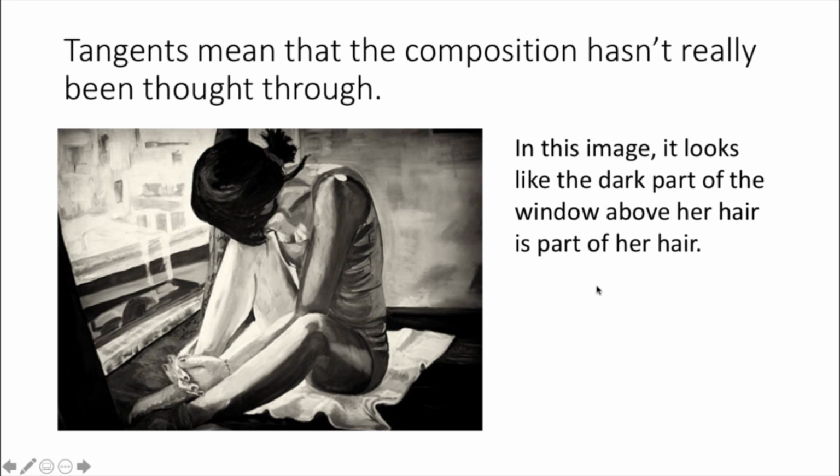Tangents mean that the composition hasn't really been thought through. So the person who created the image might have all kinds of skills, but he definitely didn't look as well at the composition. Or maybe just the colors or the shades that interact with each other. For example, in this image, it looks like the dark part of the window above her hair is part of her hair. So you got this black hair here, and then this tail, is that a ponytail or something?